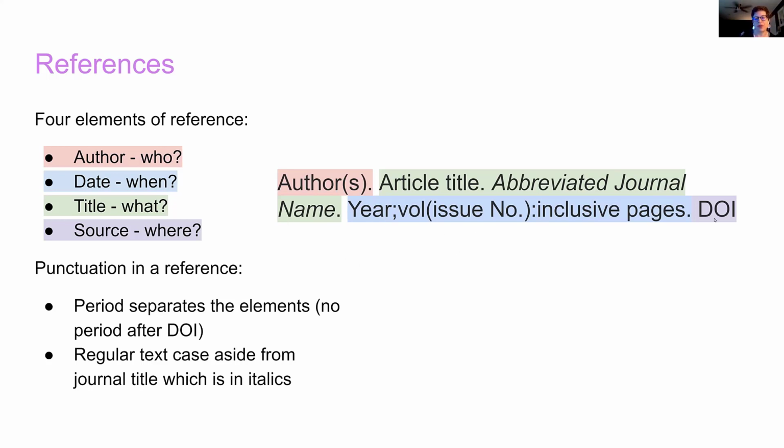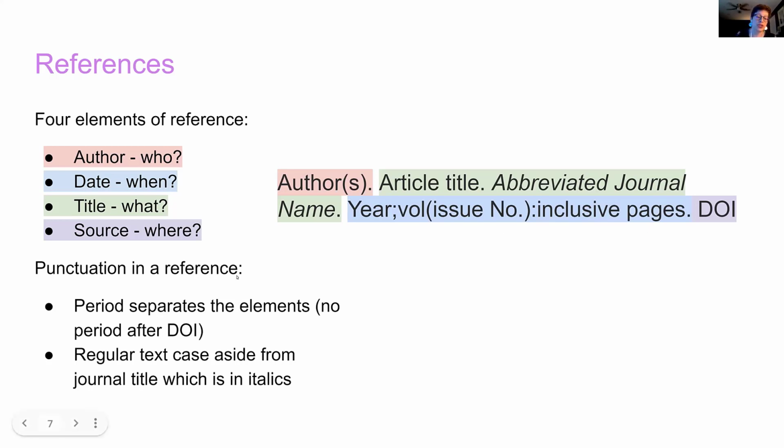I broke this up here; you could do this either way, but for the date, I have year, volume, number, and inclusive pages, since those are kind of one unit, even though the inclusive pages is a little more source related. And then the DOI is at the end, and that is the digital object identifier, the permanent identifier in order to find these articles if you need to find them later on.